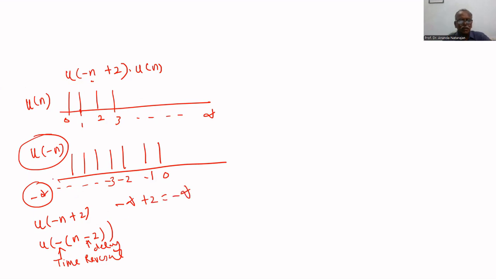That's why there is no change on this side. Here it ends at 0. If the start has a delay, the end will also have a delay. It will end at 2.